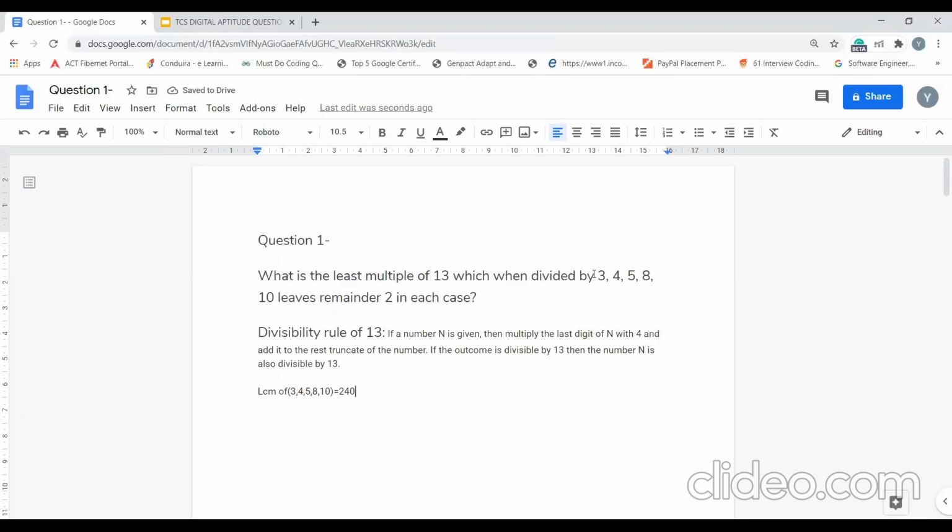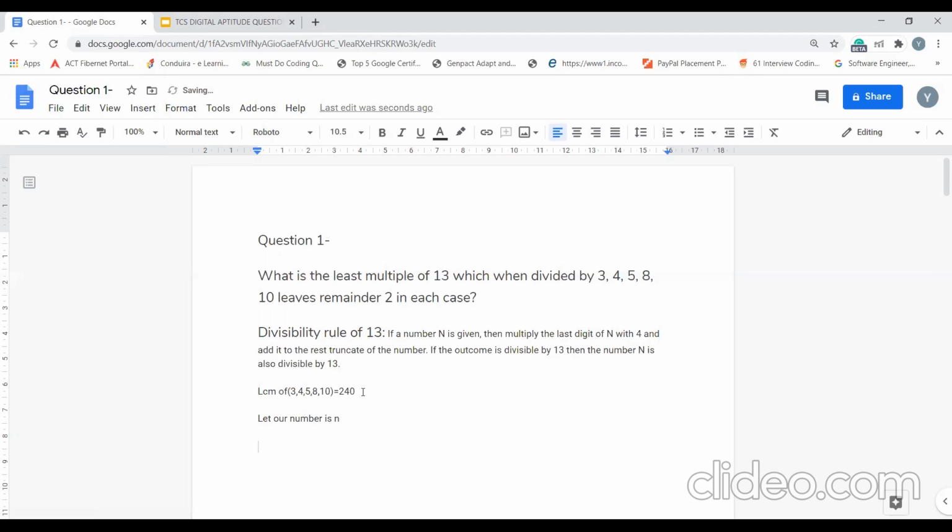So our number is divisible by all of these numbers 3, 4, 5, 8, 10 and also leaves remainder 2. Let our number be n.